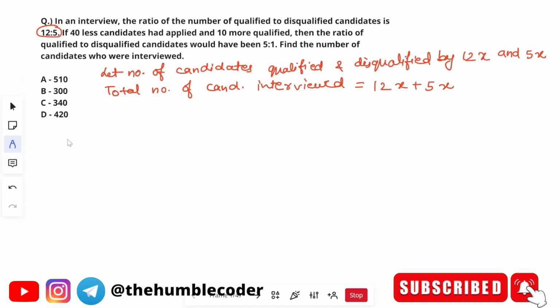Total number of candidates is equal to 17x. 12x plus 5x is what? 17x, right? So 17x minus 40. Why minus 40? Because it is told, right, if 40 less. That is why I am writing according to this question. So the total number of candidates will be 17x minus 40.